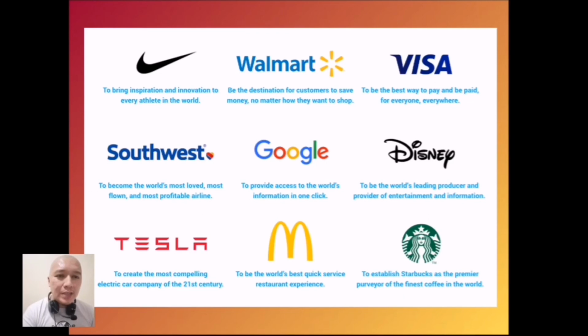Another example would be Google. Google: to provide access to the world's information in one click. And that's very true. Google has become the largest company in the field of the internet. It has overtaken everyone. Before, its competitor was Yahoo when it comes to becoming the search engine.